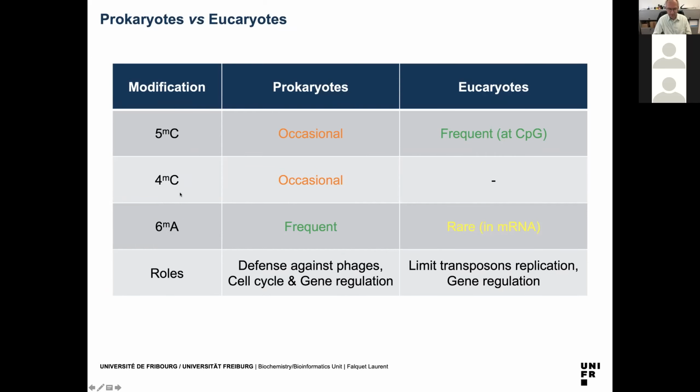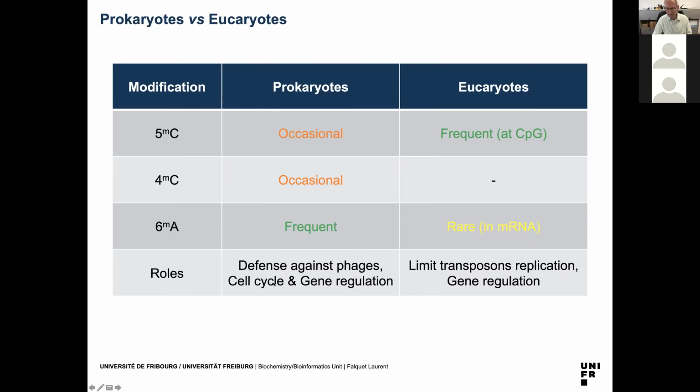We have also 4-MC, which is occasional in prokaryotes, and the most important in prokaryotes is 6-MA, which is very frequent in prokaryotes and a bit rare in eukaryotes, where it's found only in mRNA.